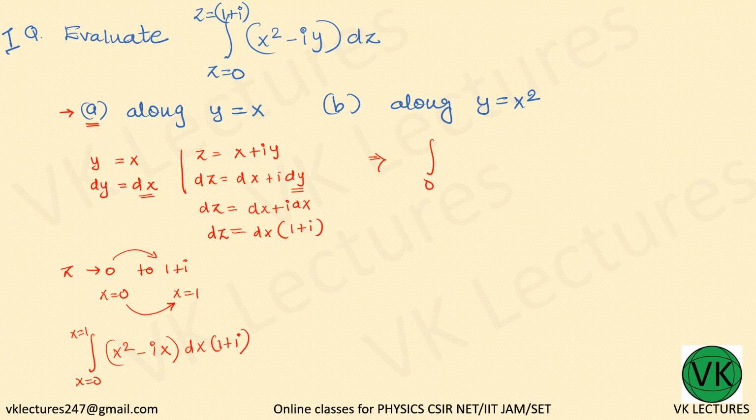the integral from 0 to 1, 1 plus i can be taken out, of x squared minus ix times dx. Now 1 plus i out, the integral of x squared is x cubed by 3, from 0 to 1, minus i into x squared by 2, from 0 to 1.